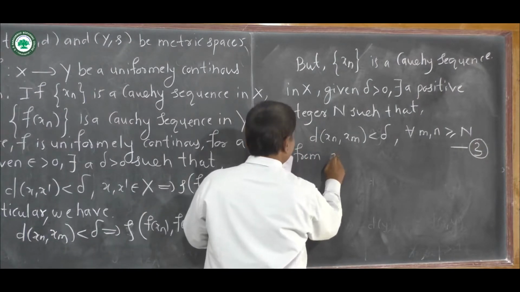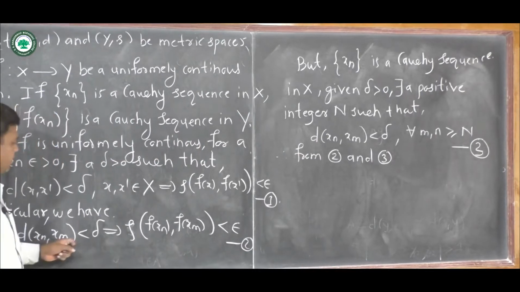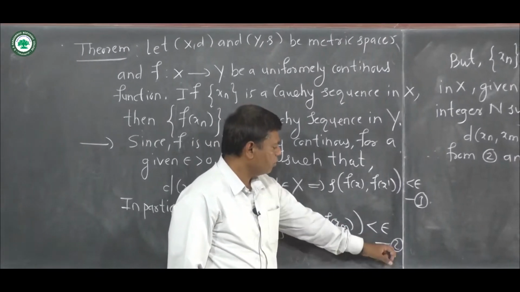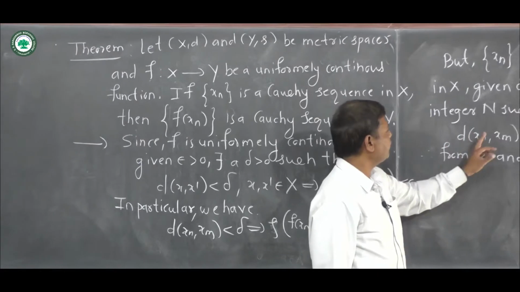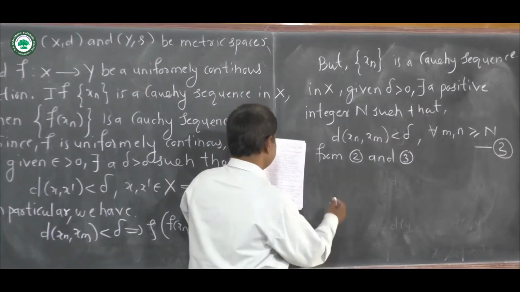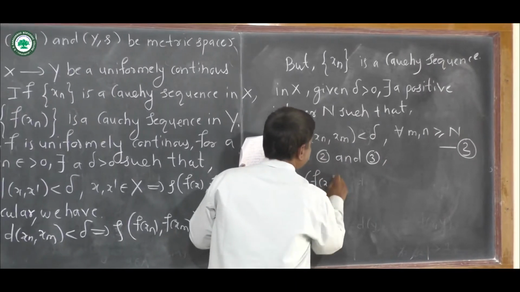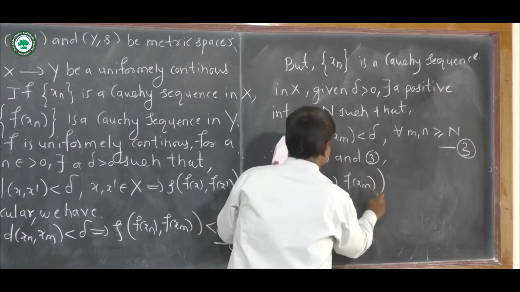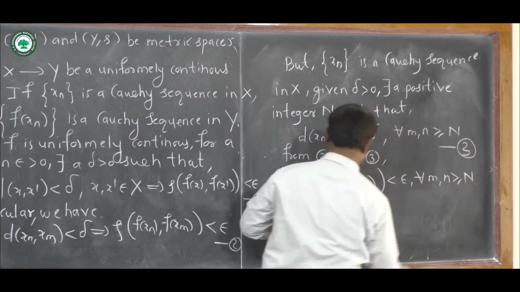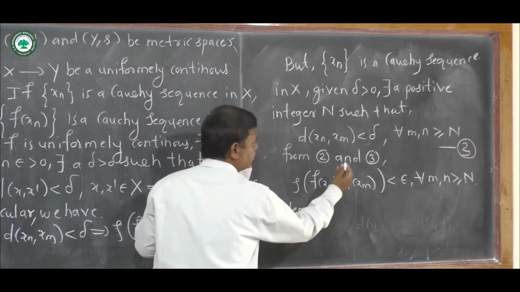So therefore from 2 and 3: from 2 we have d of xn, xm less than delta implies that rho of f of xn, f of xm is less than epsilon, and from 3 we have d of xn, xm less than delta for all m and n greater than or equal to N. So using this, rho of f of xn, f of xm is less than epsilon for all m and n greater than or equal to N. Actually, this is the definition of a Cauchy sequence.